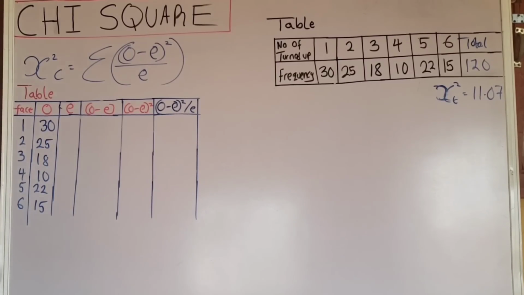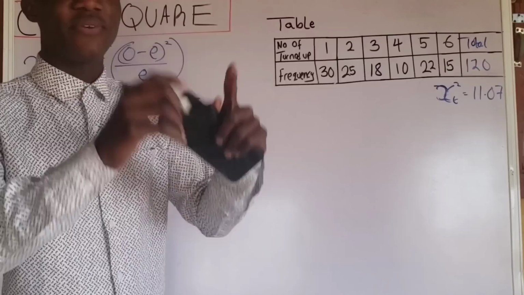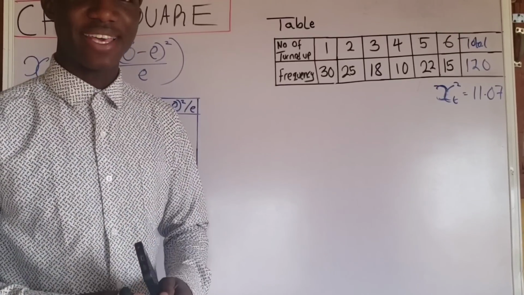If the die is unbiased, the numbers of phases shown must be equal for all the observed values. So, in an attempt to determine the expected value, you just have to take the total number of frequencies that you have, which is 120, and divide it by the number of phases in a die.